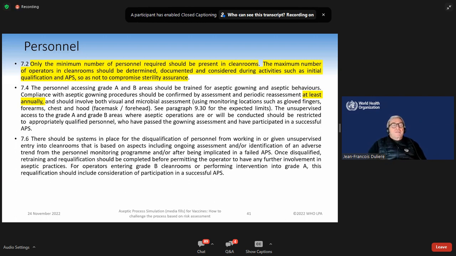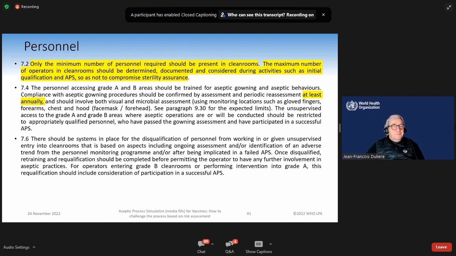And when we talk about qualified personnel, that means that we have assessed the gowning processes, we have assessed the aseptic behavior, and they will have as well to go through aseptic process simulation. For the first one, they will have to do 3 aseptic process simulations to be qualified.